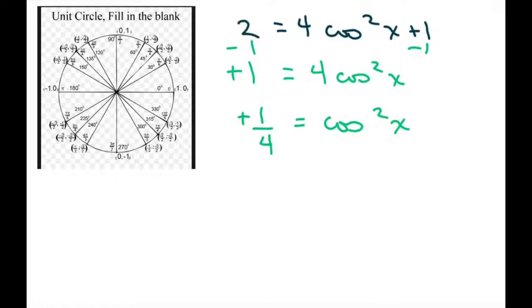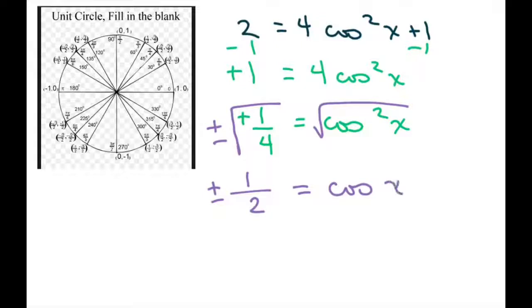And then square root both sides, and what did I say? You have to do what? Plus and minus. So the square root of 1 is just 1, and the square root of 4 is 2. So you get plus or minus 1/2 equals cosine of x.